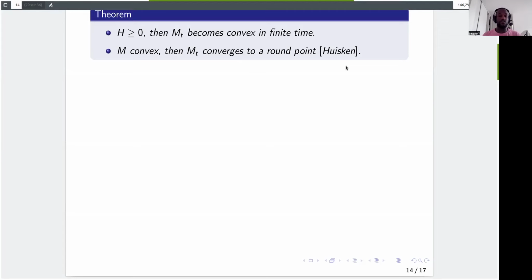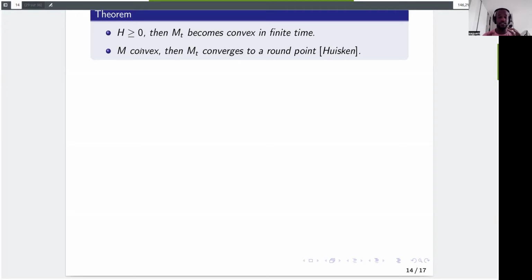So we have only positive curvatures, and we are in the second case when M is convex. M is convex if and only if all the principal curvatures are positive. So now we have the homogenization, which is ensured by the Laplacian, because the Laplacian homogenizes.